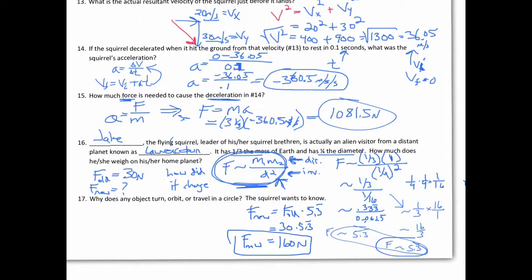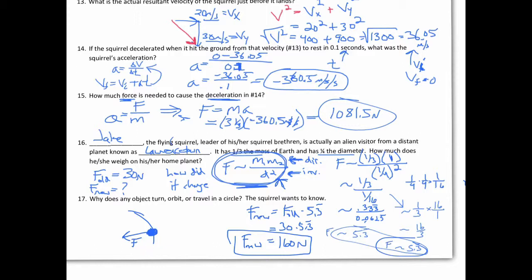Alright, last but not least, why does every object turn in a circle? Well, in order for anything to orbit in a circle, a couple things need to happen. You need a force pointing toward the middle, even if you're looking at only half of that. Let's say it's a car, not even going in a circle, but just making a left-hand turn.